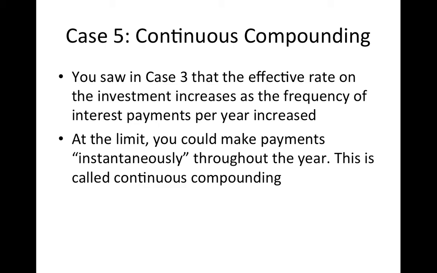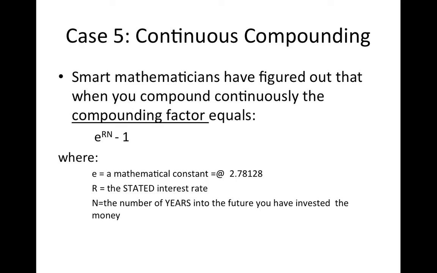When it gets to this point, you could try to do the period process and number of periods that we did before, but we don't know how long an instant is. Rather than wonder whether we got exactly what we needed, mathematicians using calculus have figured out that when you compound continuously, the factor you multiply your amount by reduces down to e to the rn.